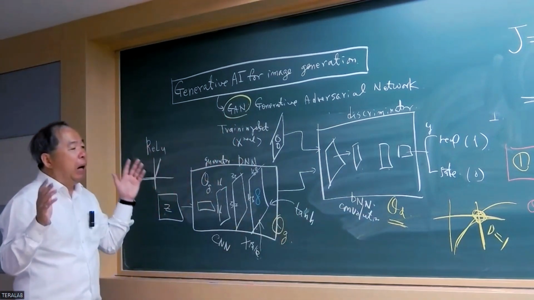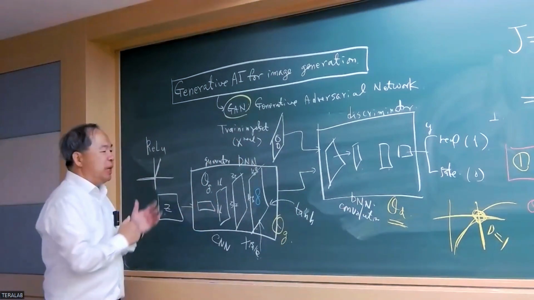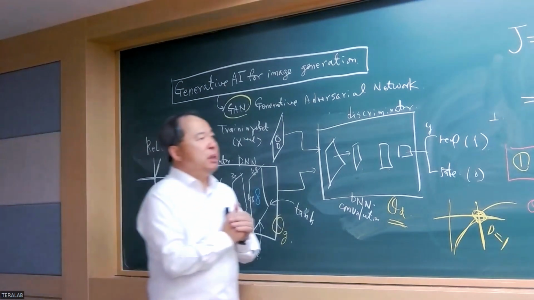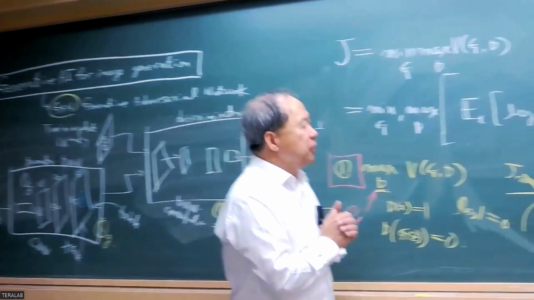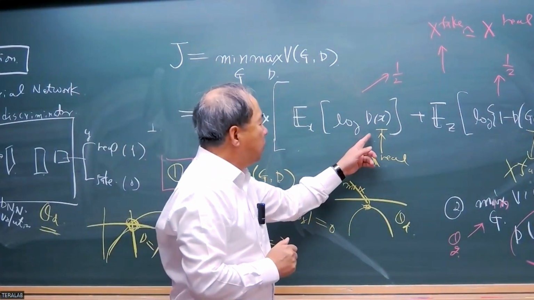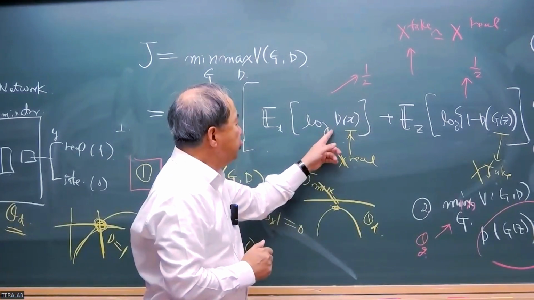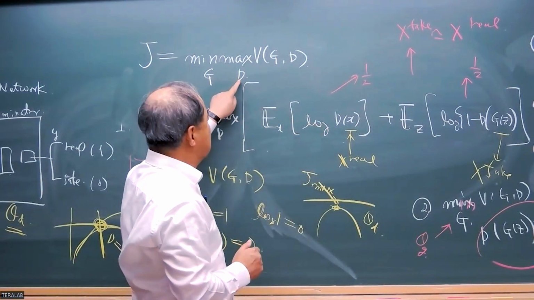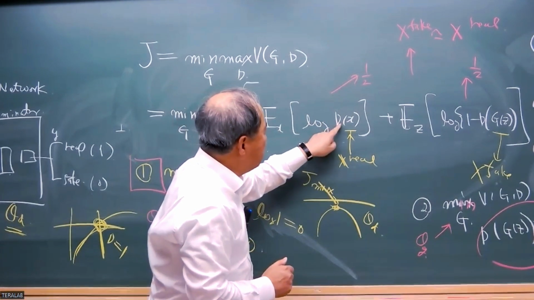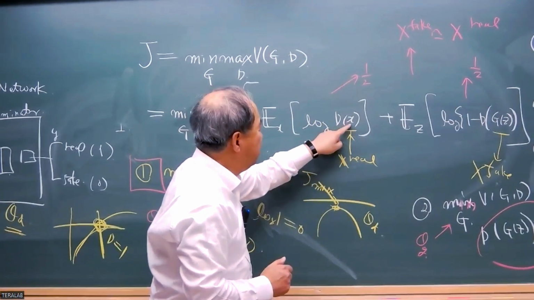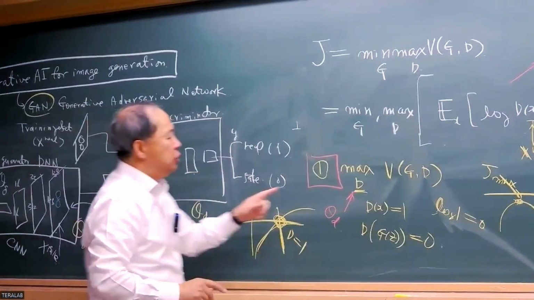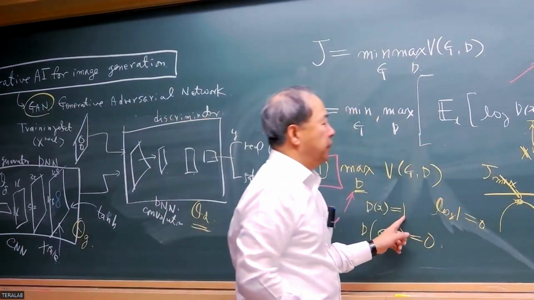Now, how are we going to train the discriminator and generator? This is a min-max loss function such that the output for real should be maximized. That means the discriminator output for real images should be equal to 1.